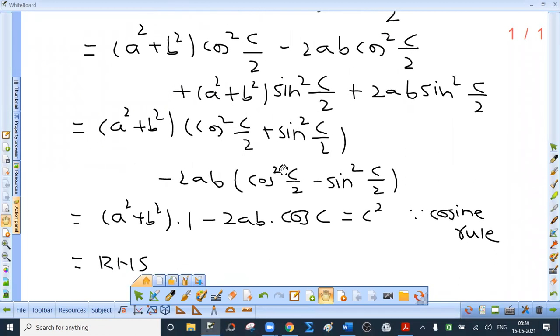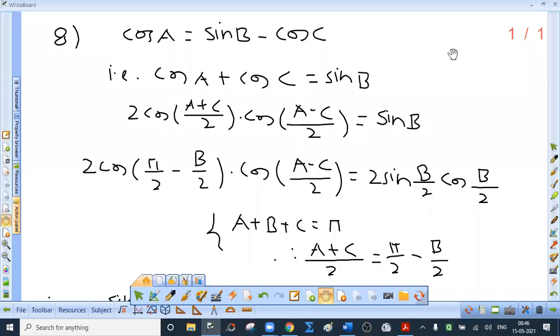Take minus twice ab common to get in bracket cos square c by 2 minus sin square c by 2. Now what is cos square theta minus sin square theta? Cos 2 theta. So this is cos c. So what we get is a square plus b square minus 2ab cos c, which is nothing but c square. Reason cosine rule. Now this is nothing but right hand side.